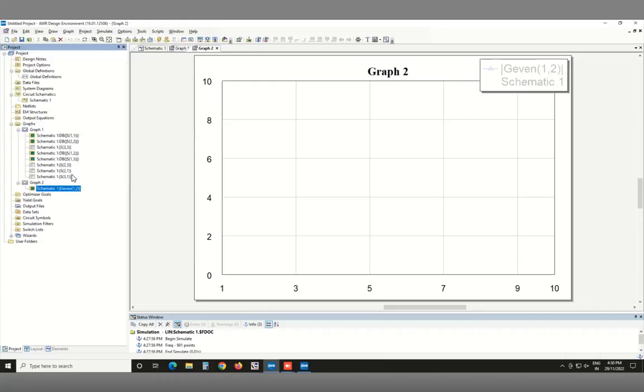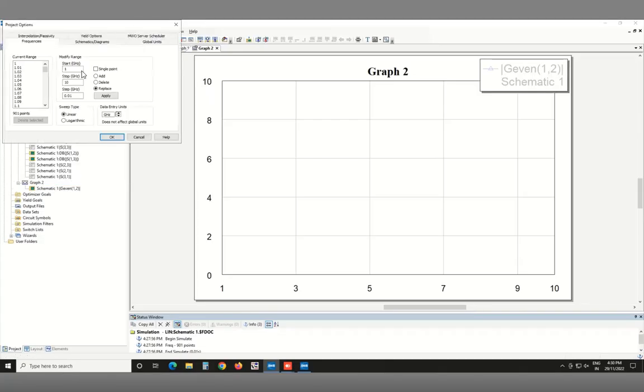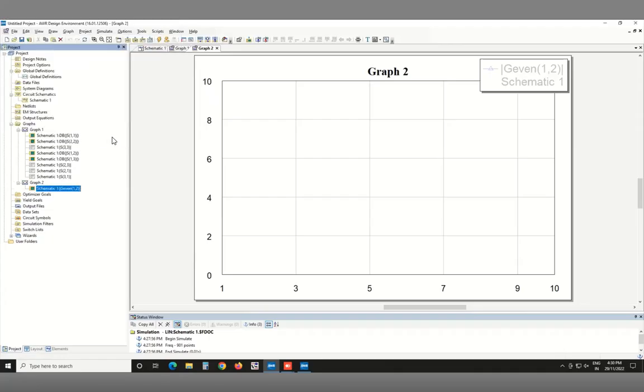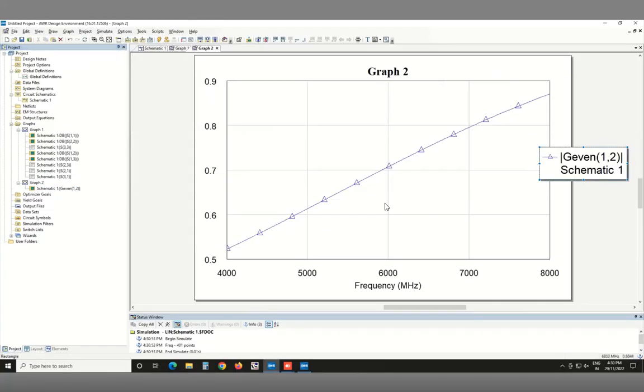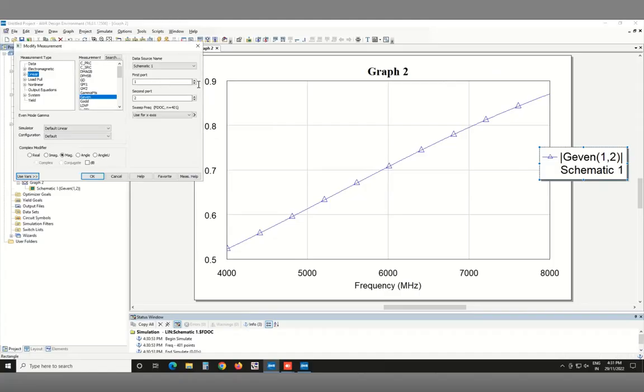So let's look at MWE. We reduce the frequency back to 4 to 8. Oh, sorry, not 1 and 3.